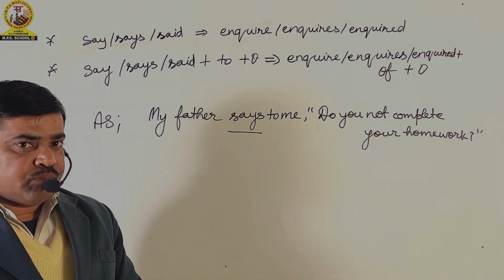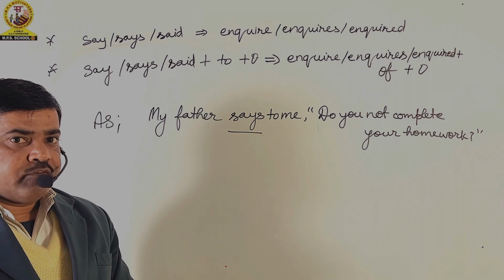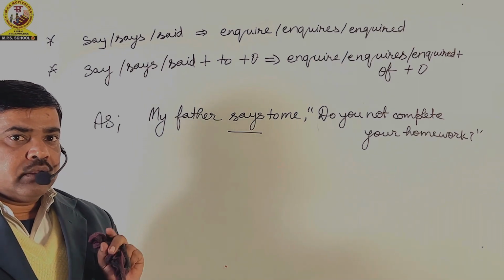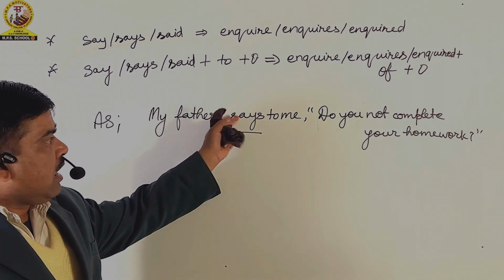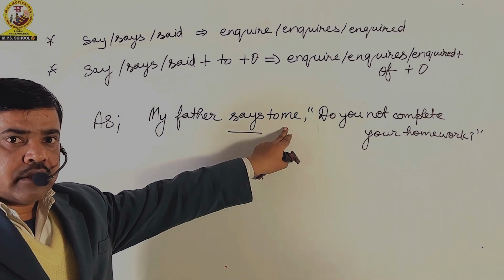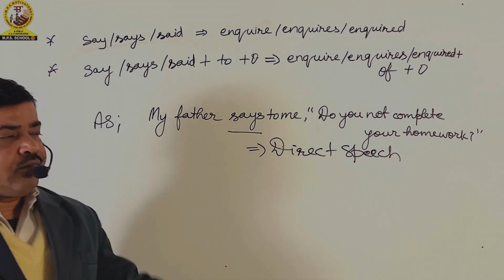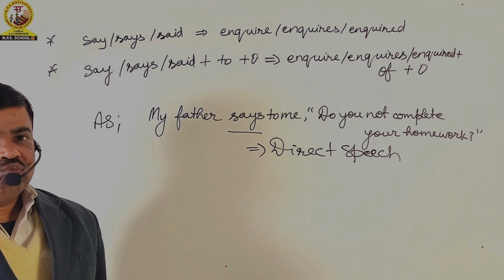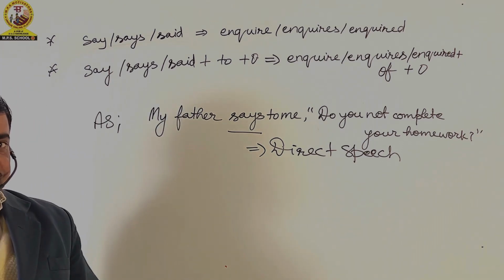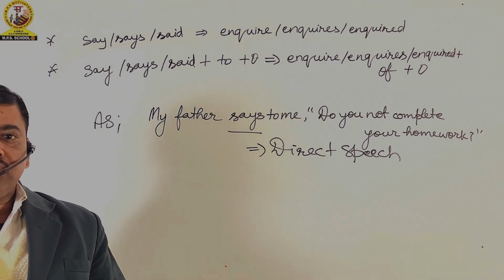That's why in place of says to we will use either asks me or inquires of me. The given sentence is in direct speech and its indirect speech may be formed in two ways.